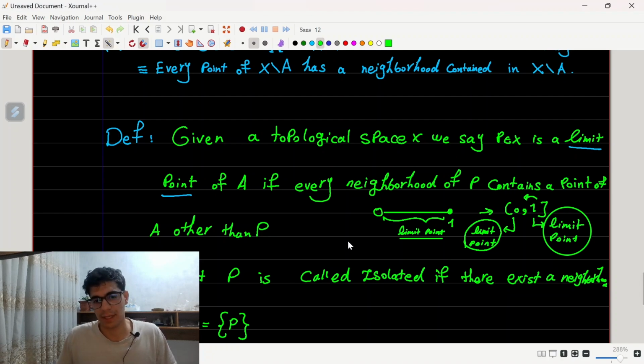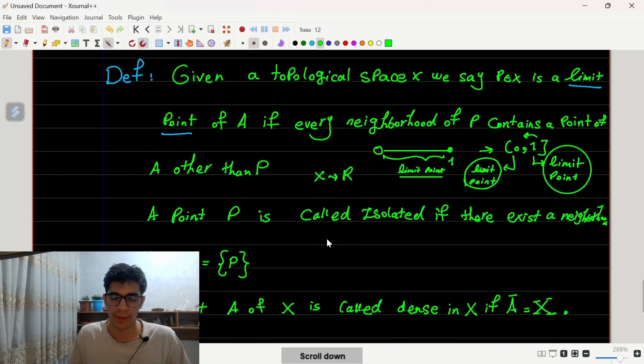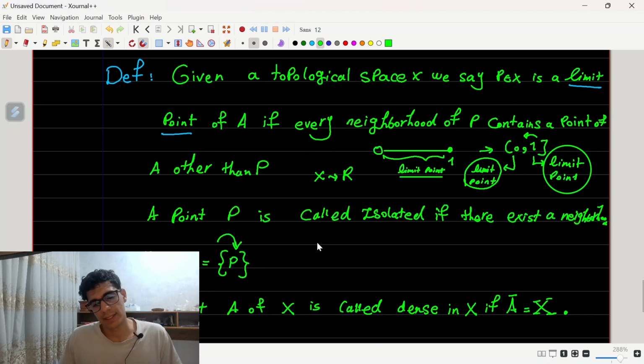And remember, we are in the space of real numbers with the Euclidean topology. So a point P is called isolated if there exists a neighborhood U of P whose intersection with A is equal to the set {P}.